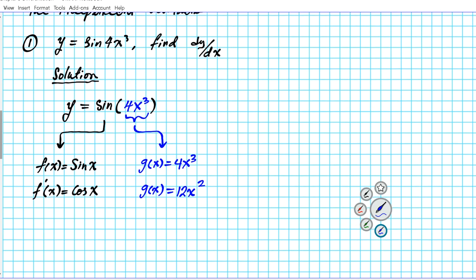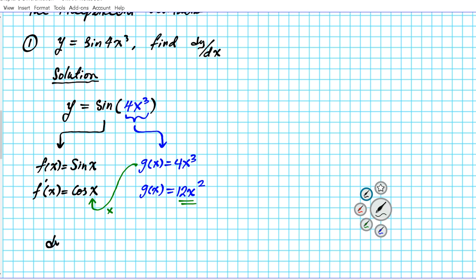Now using the chain rule differentiation formula, we're going to find the derivative of the outer evaluated at the inner. So we're going to plug the inner function into the derivative of the outer and multiply it by the derivative of the inner.